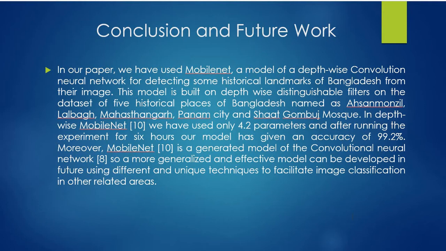Further, we can improve our model by adding more features to the classes and increasing the number of classes to facilitate image classification in other related areas. This is the end of our presentation, and thank you so much for listening.